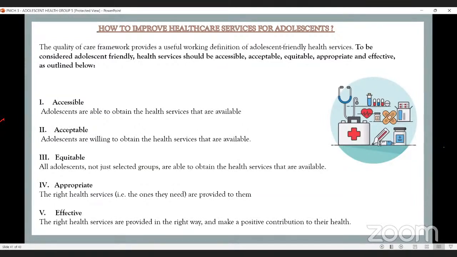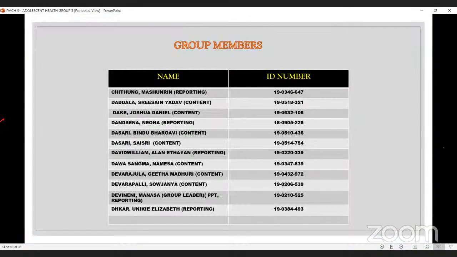Number 2, acceptable: adolescents are willing to obtain the health services that are available. Number 3, equitable: all adolescents, not just selected groups, are able to obtain the health services that are available. Number 4, appropriate: the right health services, that is the ones they need, are provided to them. Number 5, effective: the right health services are provided in the right way and make a positive contribution to their health.